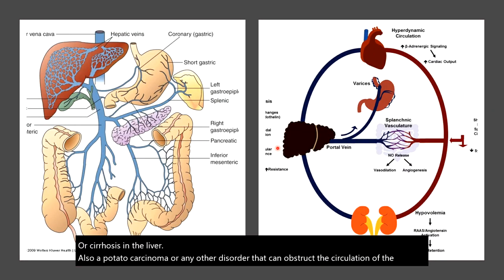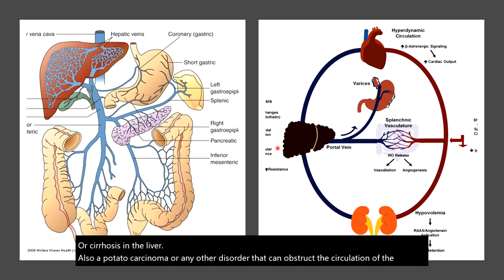As you know, the inferior mesenteric vein connected with the superior mesenteric vein and the splenic vein will form the portal vein that will be entering the liver. And after that, the vein circulation will go through the inferior vena cava through the superior hepatic veins.